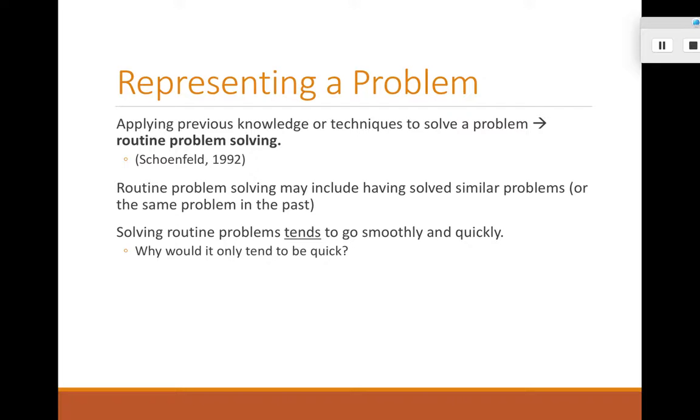And why is it that it will go smoothly and quickly? Because now you're getting used to actually doing the procedure. Think of it like what we've talked about in our previous lectures, controlled versus automatic processes. Remember that with controlled processes, you really have to apply a lot of cognitive attention resources to the actual solution of the problem, or you have to pay a lot of attention to completing the task.